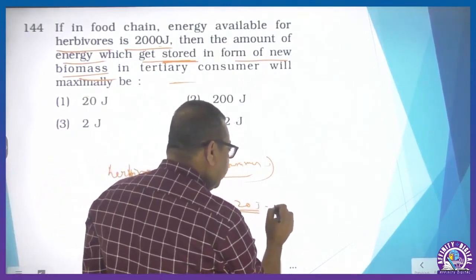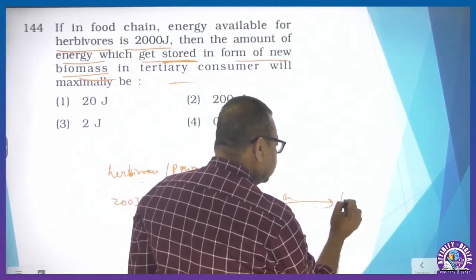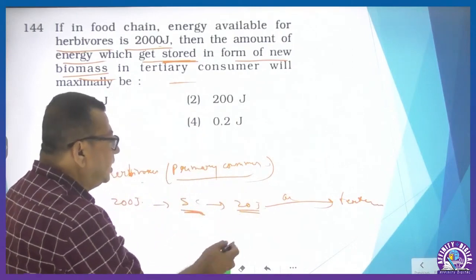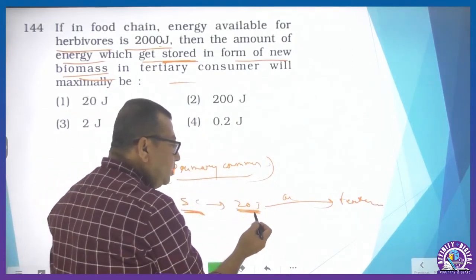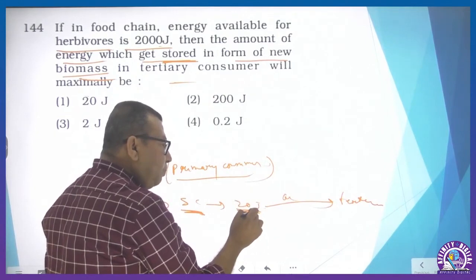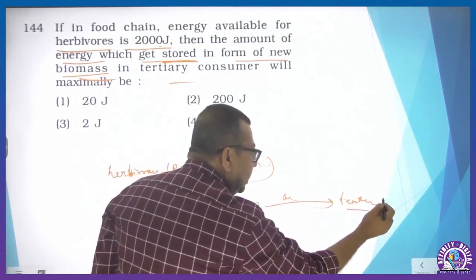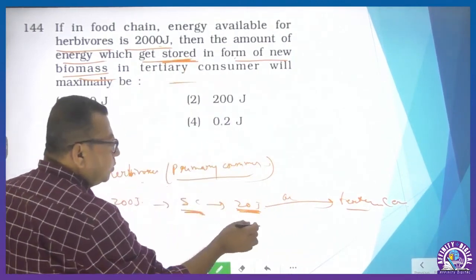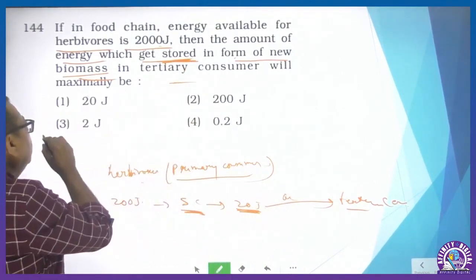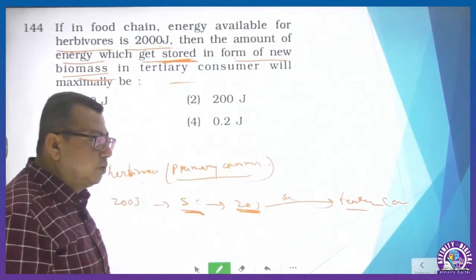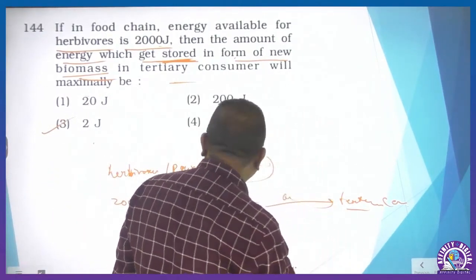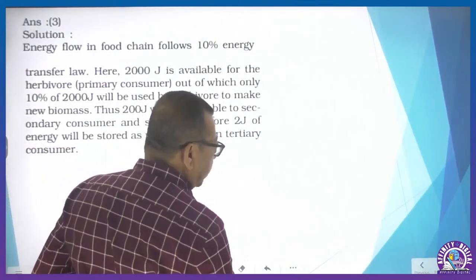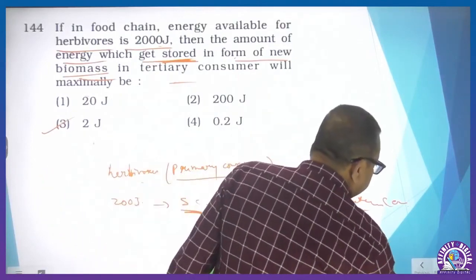This 20 joule will be available to the tertiary consumer. The tertiary consumer uses only 10% of the 20 joule to make new biomass, which gets stored. So 10% of 20 is 2 joule. So the answer will be 2 joule. This is a question on the 10% energy transfer law of the food chain, which I am discussing in detail in the class. Okay? Option number 3 will be the answer.